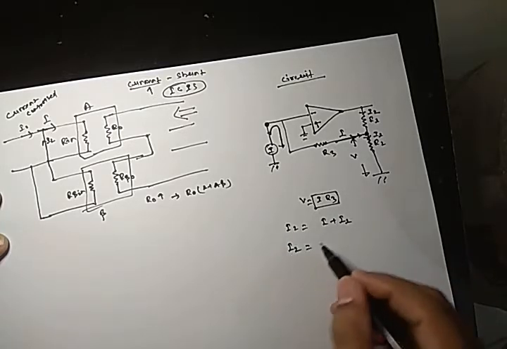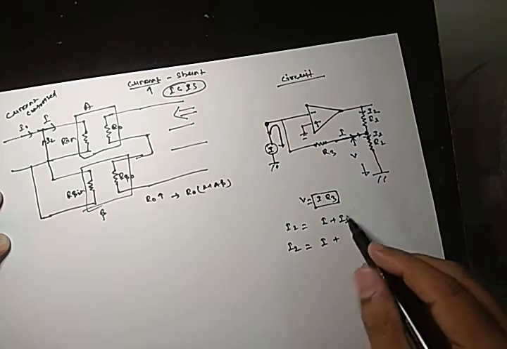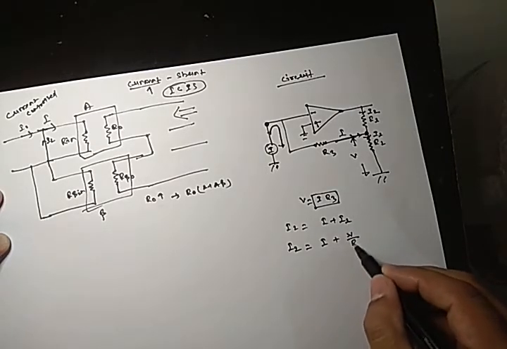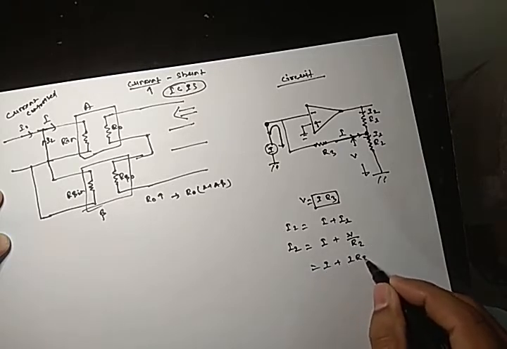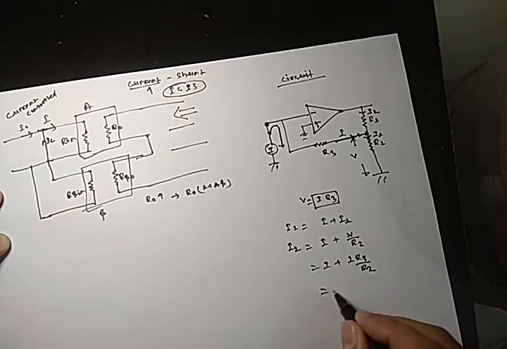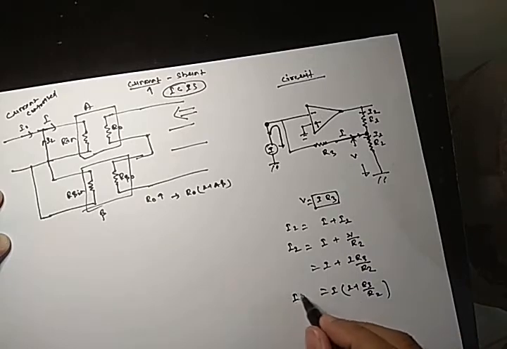Now I1 will be V by R2, but what is V? This is nothing but I into R3 by R2. Now taking I common, 1 plus R3 by R2. This is I2.